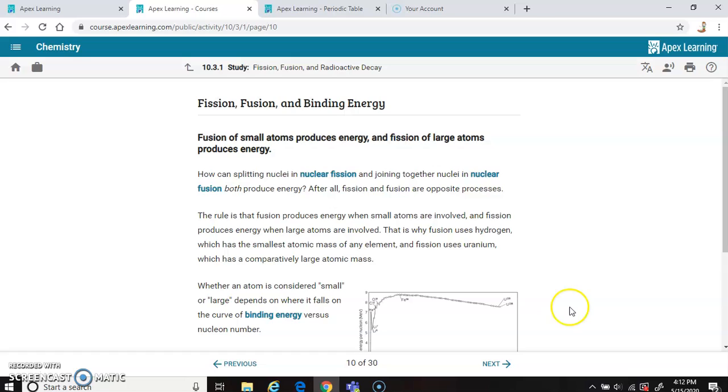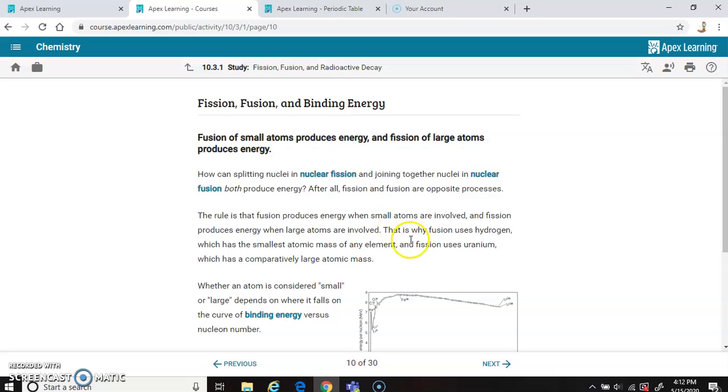Okay, the last little bit. So we talk about splitting, nuclear fission, and joining together, nuclear fusion, but they both are producing energy, no matter if you split apart or put together. But kind of the rule is that fusion produces energy when there are small atoms involved. So you're fusing hydrogen, like helium. You're fusing small atoms.